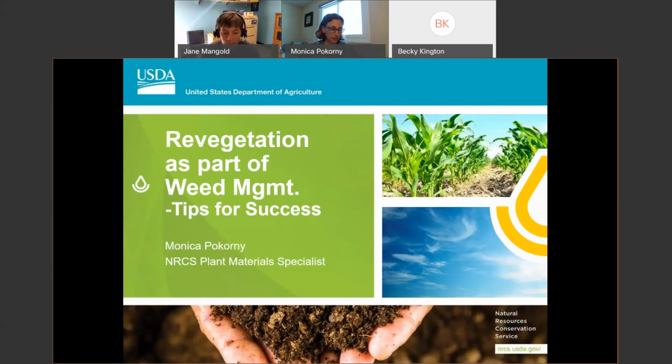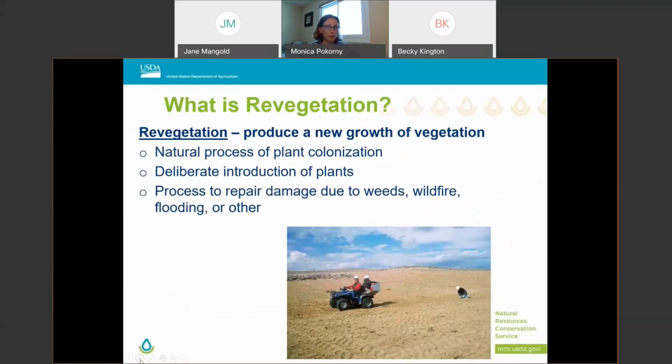So we'll get started. Today we want to talk about revegetation as part of weed management and give you some tips for success. I want to start out with some basic definitions. What do we mean by revegetation? We're talking about producing new growth of vegetation.